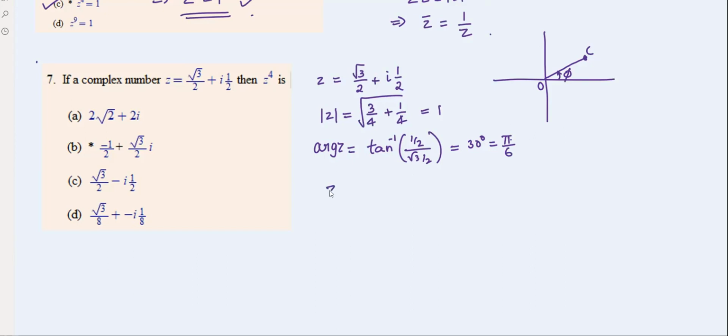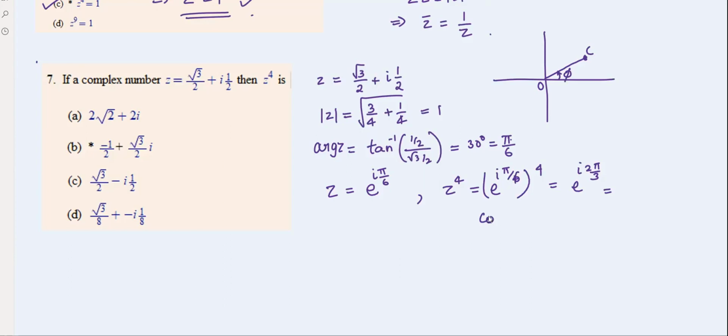Now, z can be written in modulus argument form as e power I pi by 6. So z power 4 is e power I pi by 6 whole power 4, which is e power I into 4 pi by 6, which is 2 pi by 3.